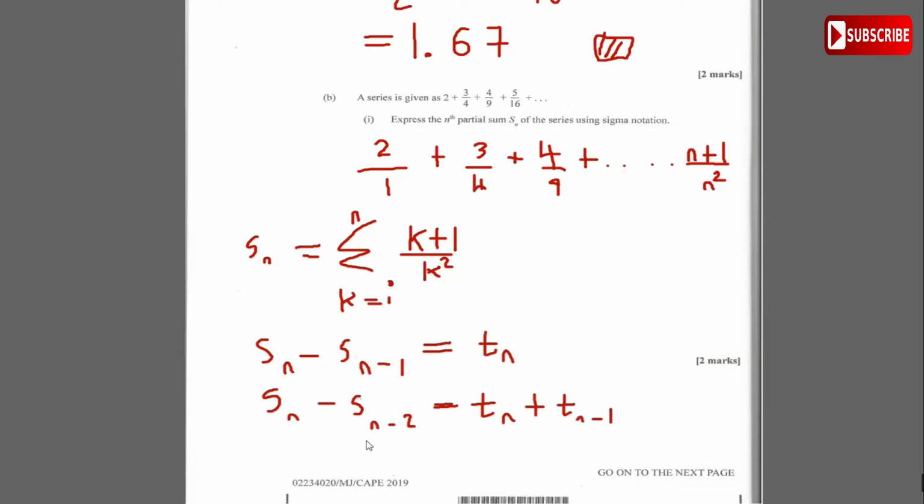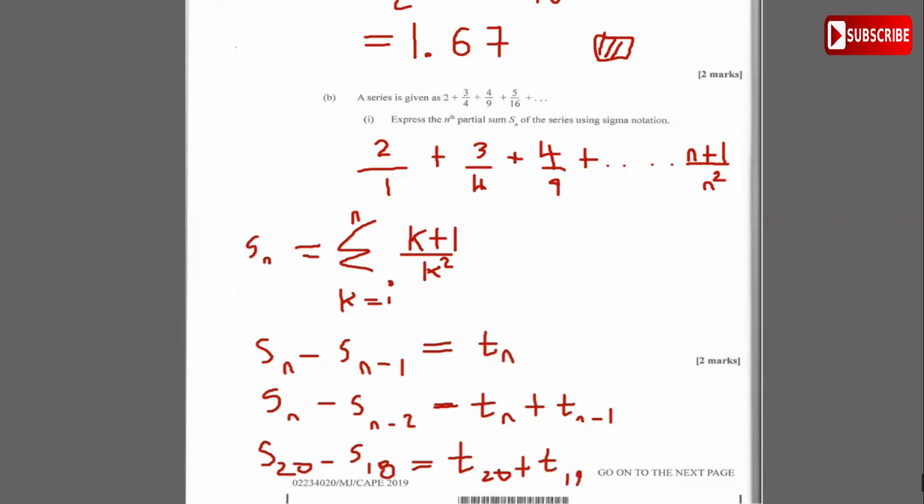What does that mean? S20 minus S18 is going to be equal to the 19th term and the 20th term. So it's T20 plus T19.